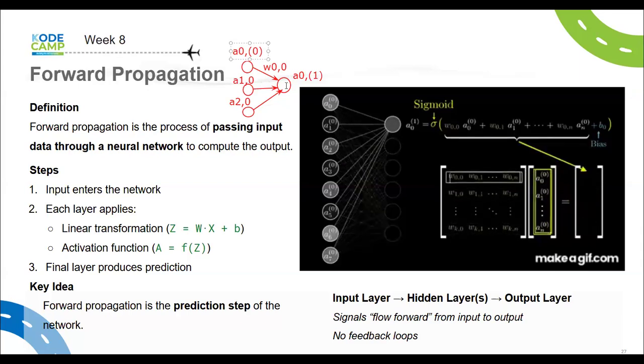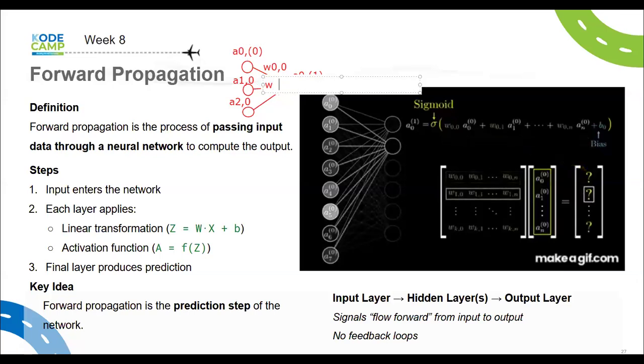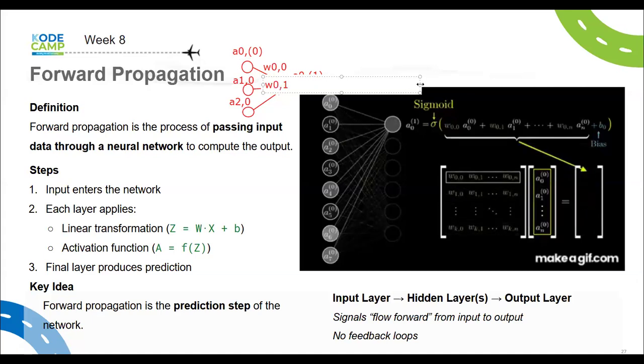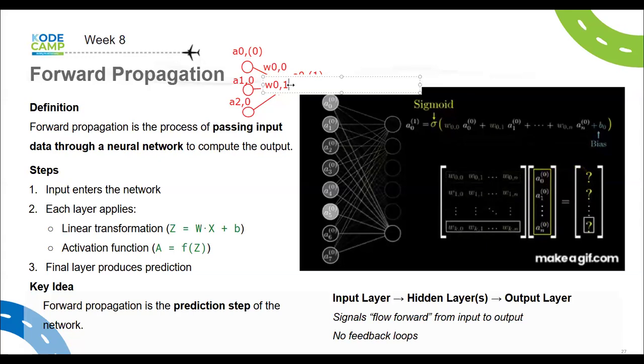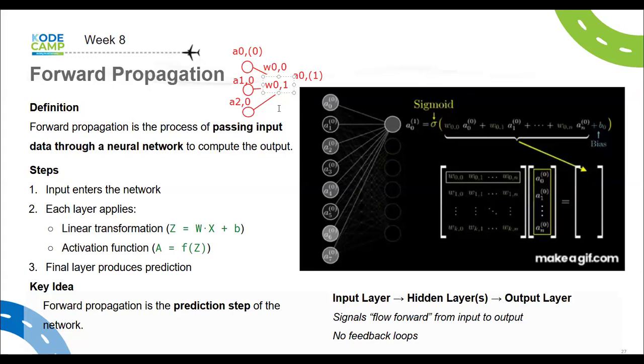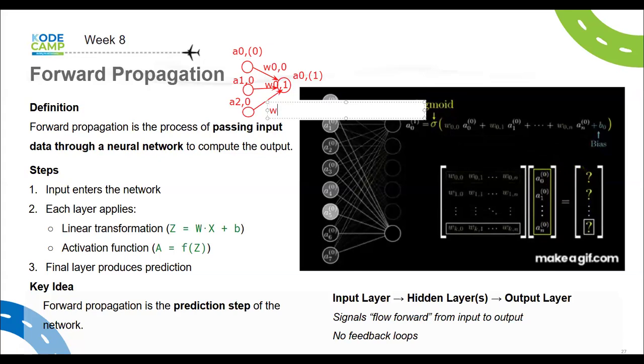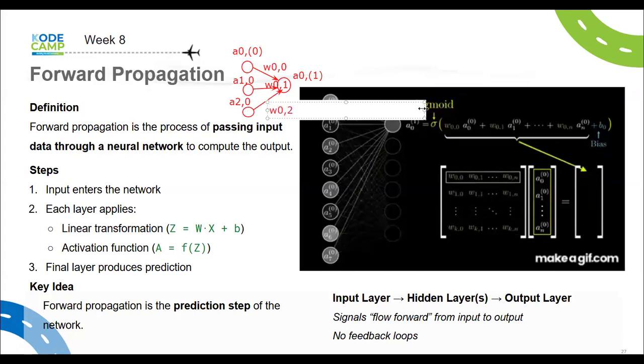In the same way, this next weight will be W01, while the third one would be W02. That's the weight that is connecting A2 to the 0th neuron.